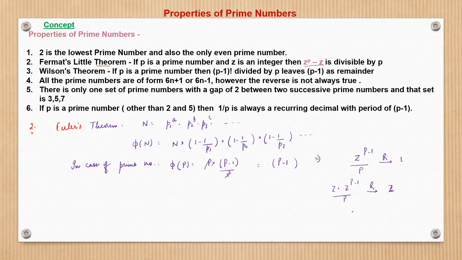So it becomes z raised to power p divided by p, remainder is z. So we can say that z raised to power p minus z, remainder would be 0.